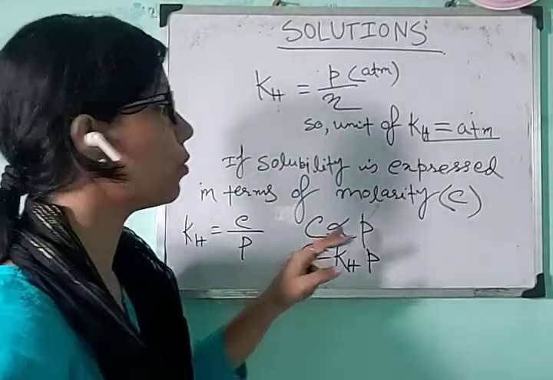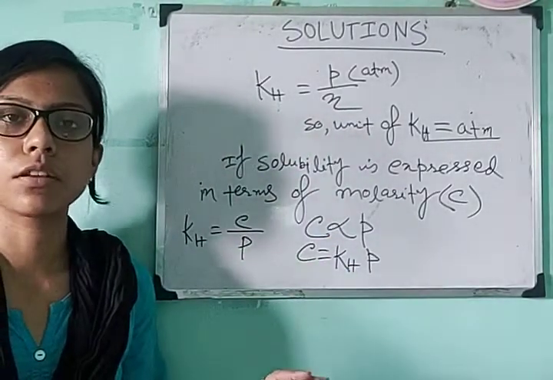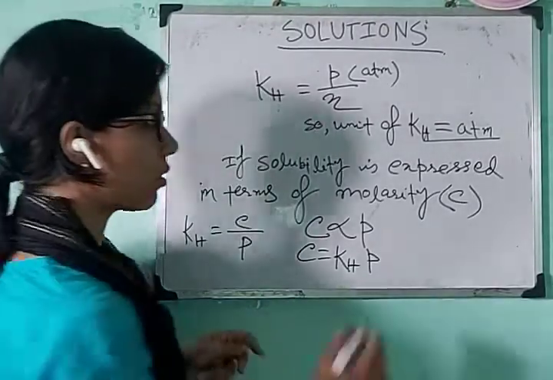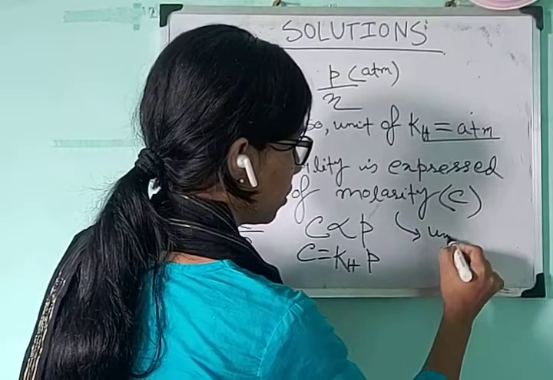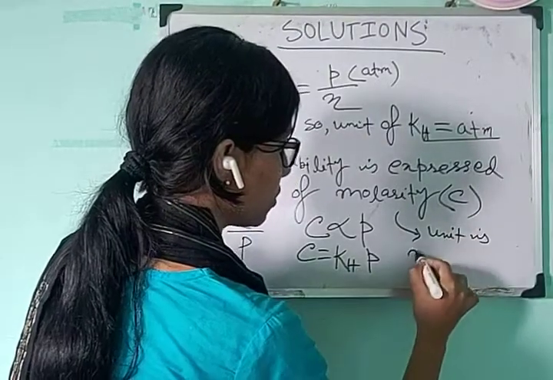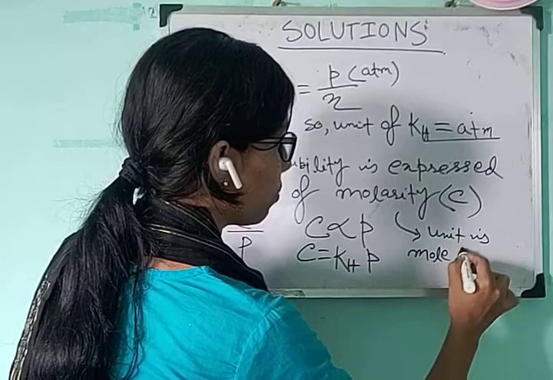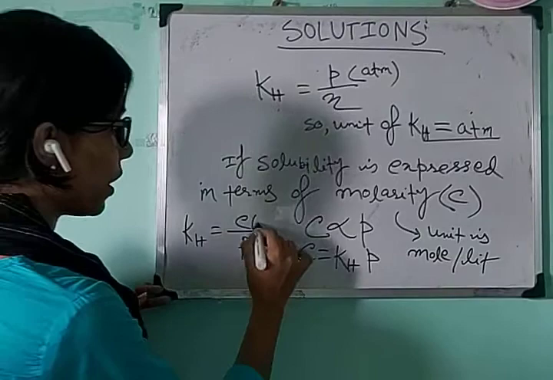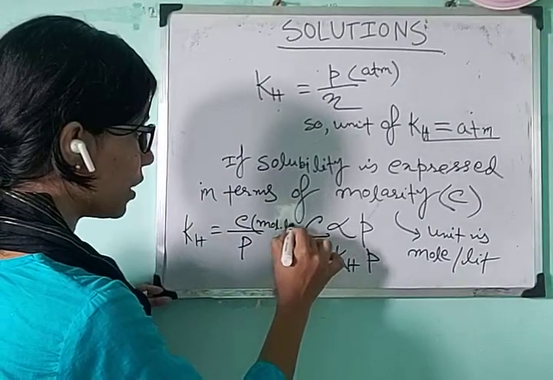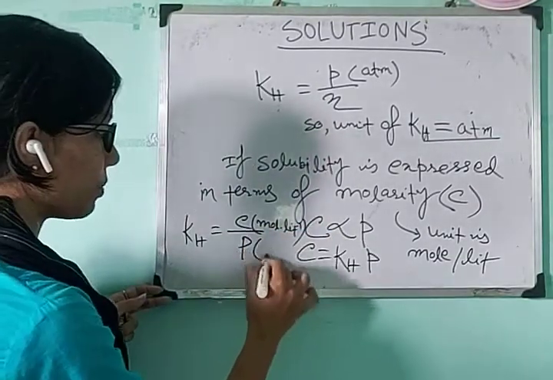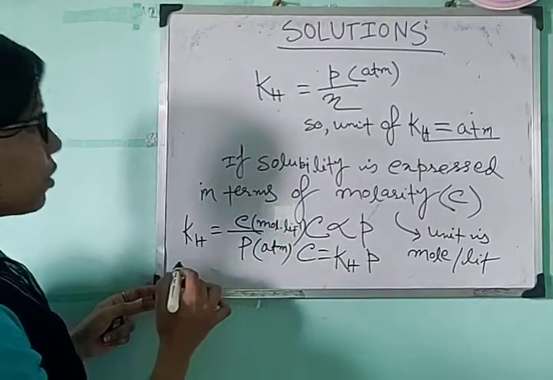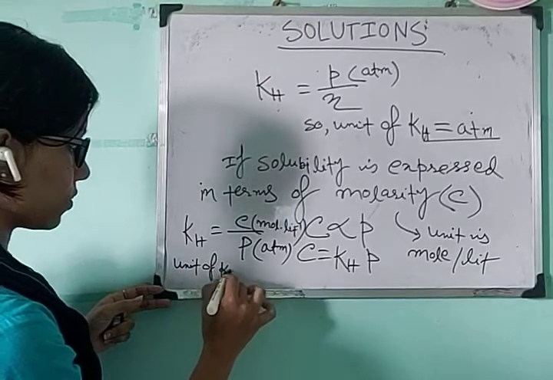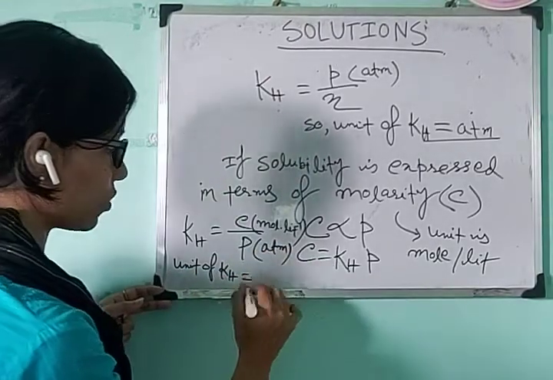Now what is the unit of molarity? The unit of molarity is moles per liter, the number of moles dissolved in 1 liter of the solution. So when we put mole per liter, that is mole liter inverse, and here pressure is in atmosphere, the unit of Kh becomes mole liter inverse atmosphere inverse.